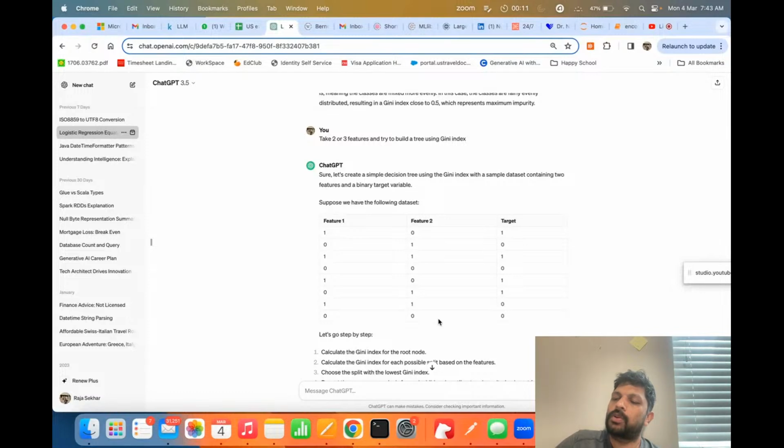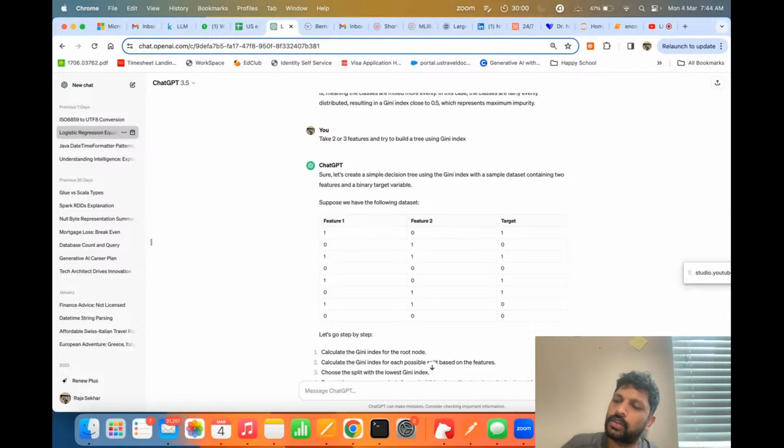For 1 comma 1, if we calculate, it's 1 minus 1, which is 0. So Gini index is 0 for the most pure, and it is 0.5 for the most impure.